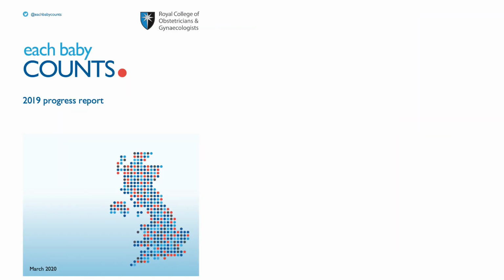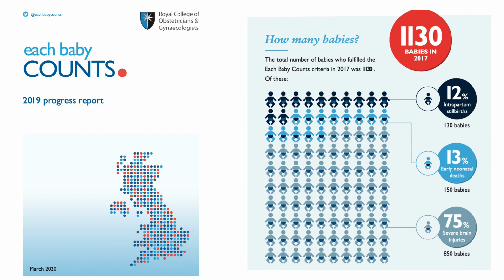This is the latest Each Baby Counts report published in March 2020. Unfortunately, we have lost 1,130 babies in England in a year. Out of that, 850 babies have had severe brain injuries.